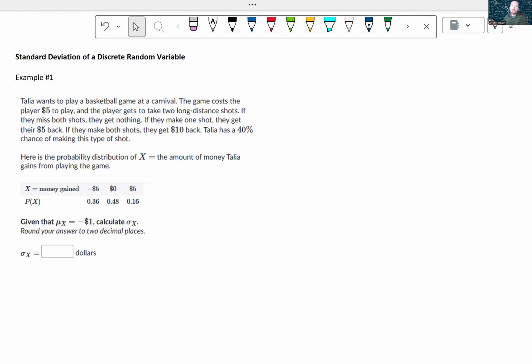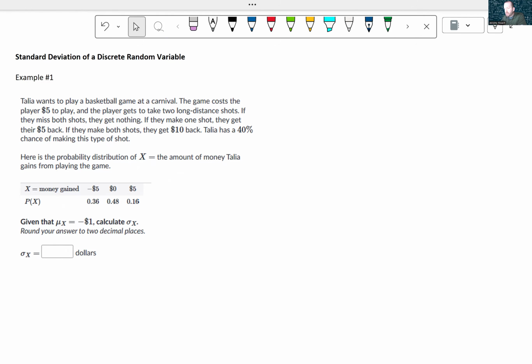Now, this problem already gives us the expected value of the game. So let's read through the problem first before we go too far. The game costs $5 to play. The player gets to take 2 basketball shots. If they miss both shots, they don't get anything.